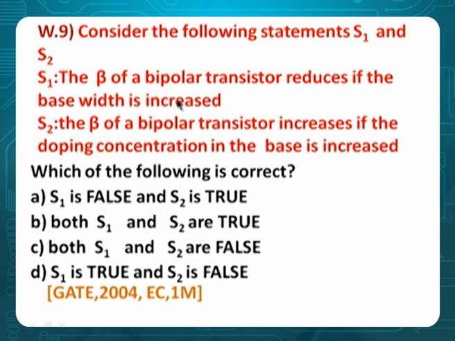In the first case, he said beta is decreasing. That's correct. In the second case, he said beta is increasing. That's why S1 is true, S2 is false, because in both cases it's decreasing. See, one thing very important: in all these questions he wanted to know whether we know the manufacturing of BJT.